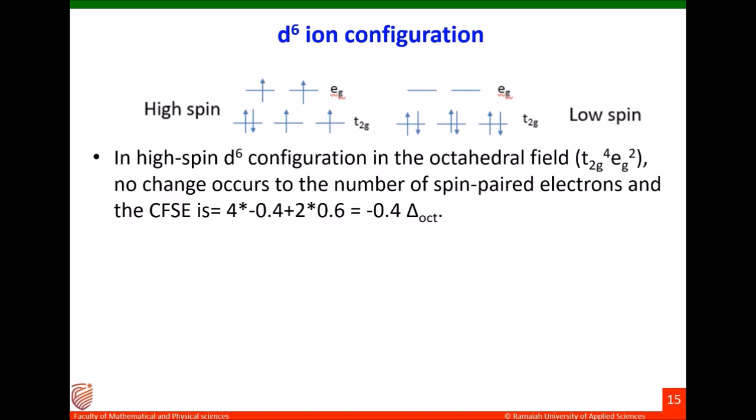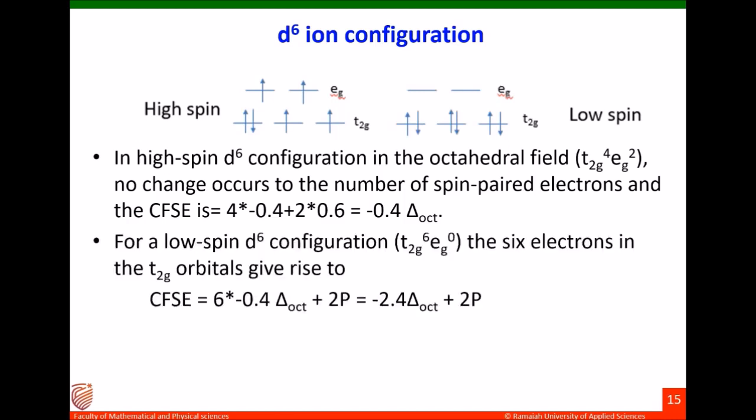So we can calculate the crystal field stabilization energy for a d6 configuration in a high spin complex. The value will be 4 × (−0.4) + 2 × 0.6 = −0.4 Δo. For a low spin d6 configuration, the 6 electrons will be in t2g orbitals, giving rise to a CFSE of 6 × (−0.4) Δo plus, here how many pairings are happening? 2 pairings.